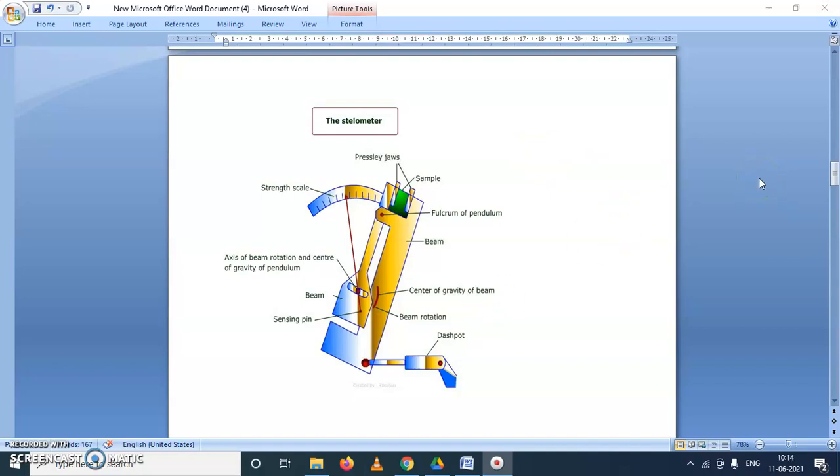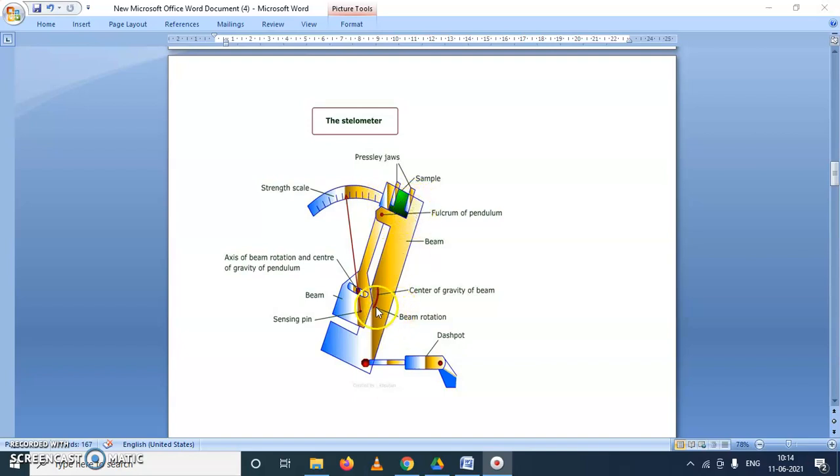Okay, now the stellometer has 2 main parts. One is this beam, which is a very heavy part, and the other is this pendulum. Both of them are pivoted and joined at this point. There are 2 clamps. One is attached to the pendulum and the other is attached to the beam.